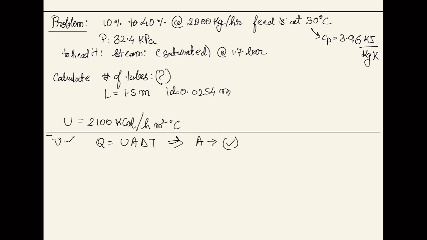Once area is known, you know A for one tube, so you can find the number of tubes. This is the approach in the problem.